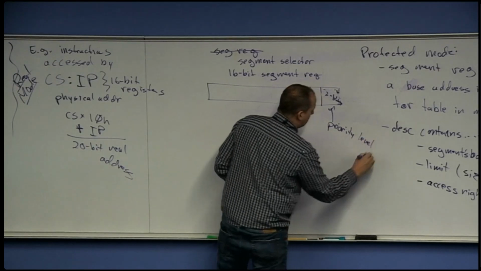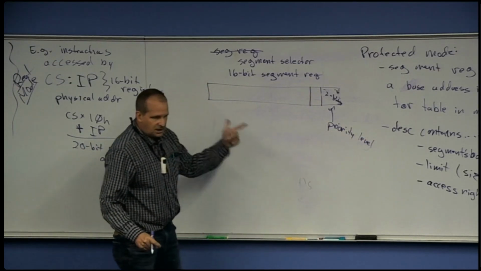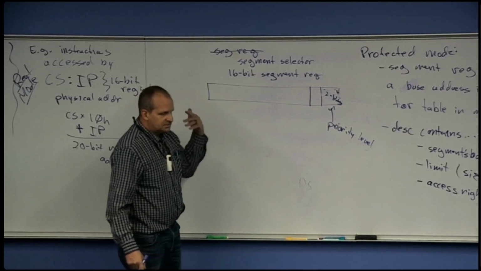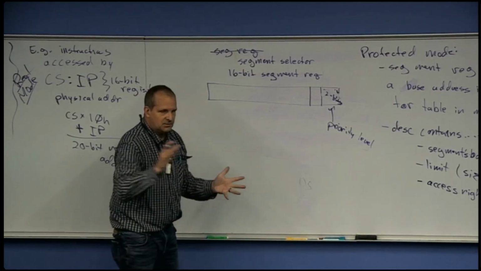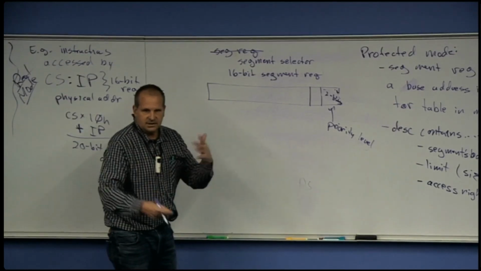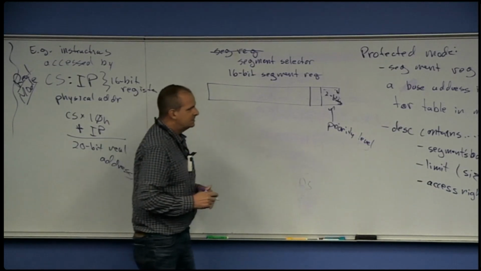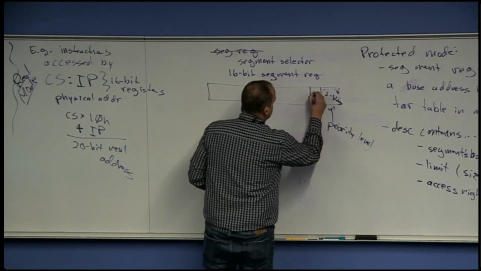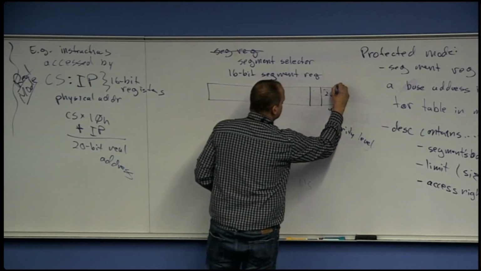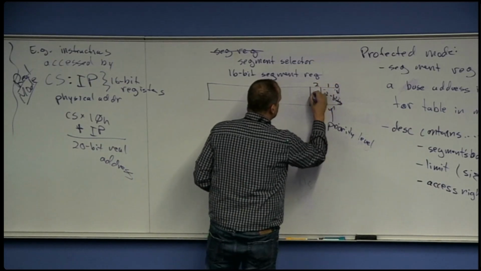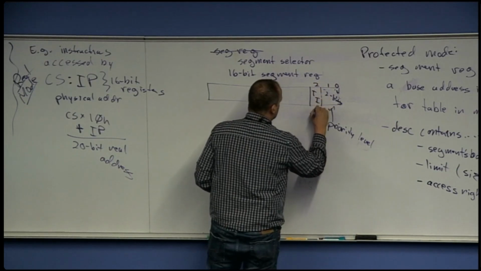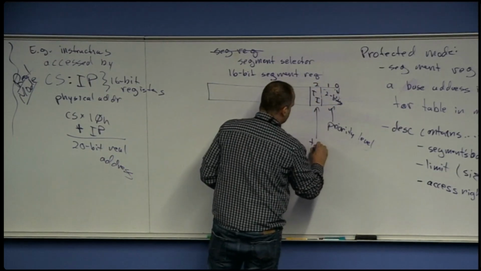Priority levels were used by the operating system. If there's a really low priority task, but something far more important is going on, then it'll take care of the far more important stuff before it gets to the low priority one. So this is bits 0 and 1. Bit 2 is the table indicator bit.